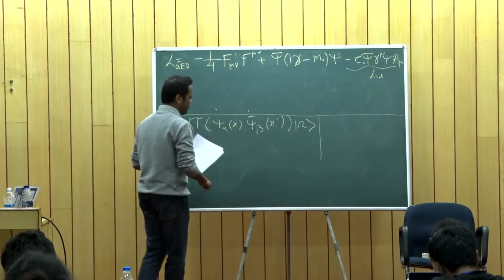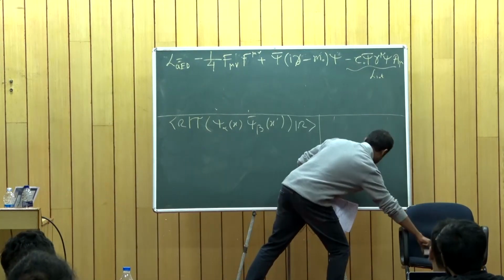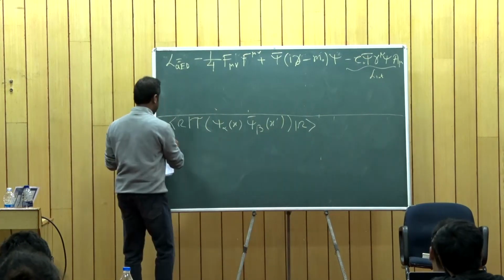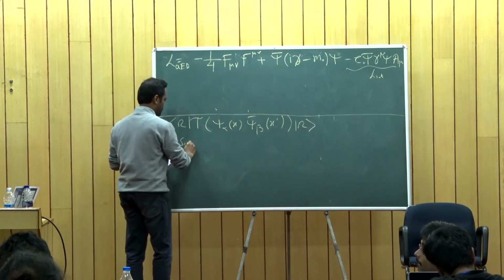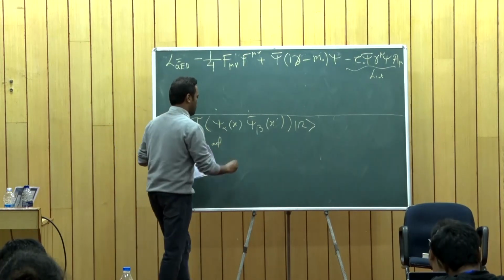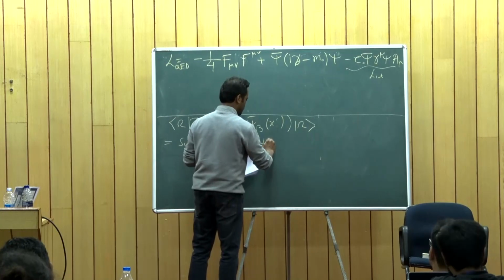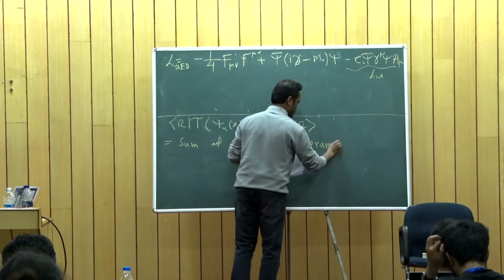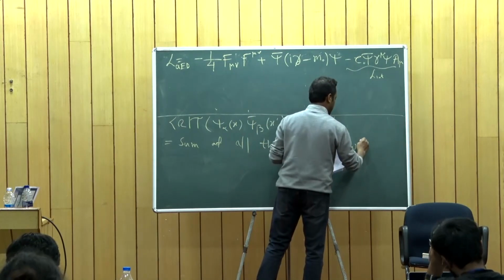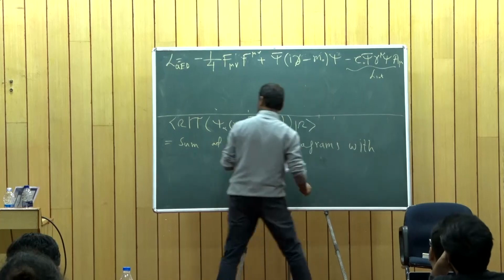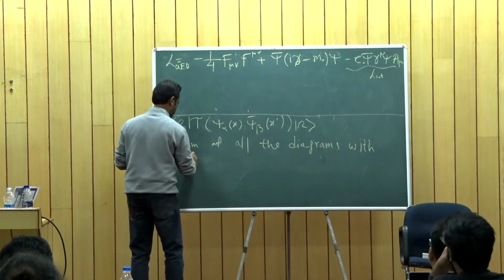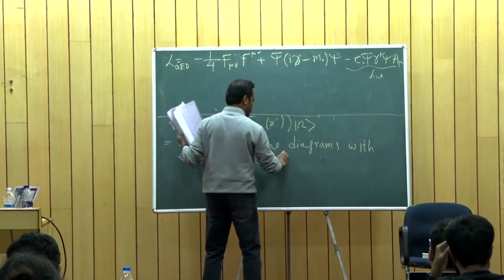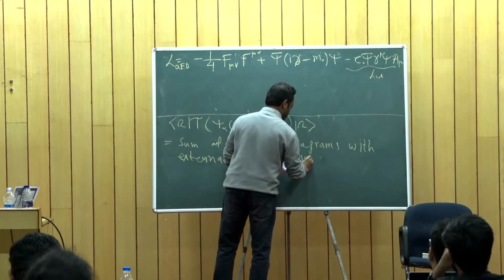The effect of all those big expressions, which I do not want to write right now, is that this result will be the sum of all the diagrams with two external lines, without the bubble diagrams.